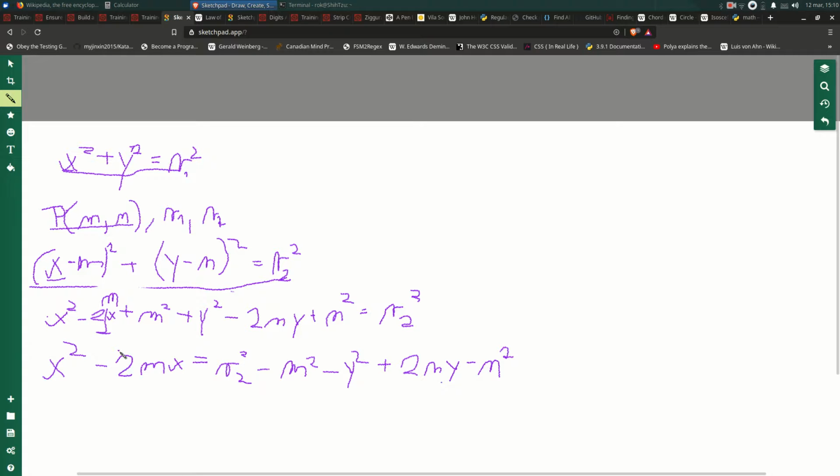You could get x is... or maybe we can say this can also go that way, so we say x, and we say x minus 2m. Yeah, that also ain't gonna work.